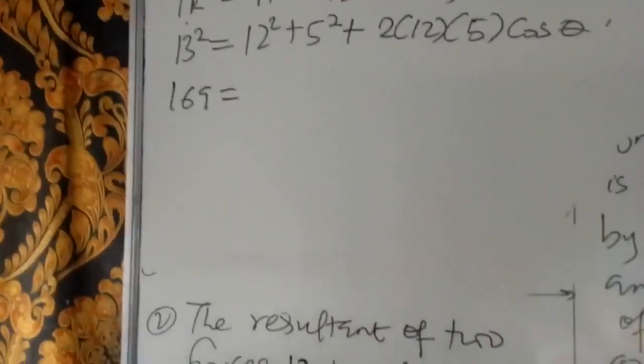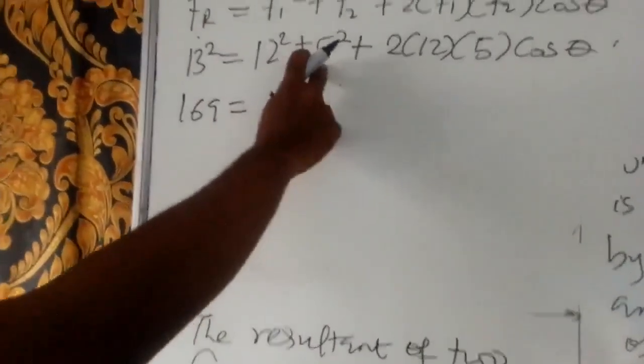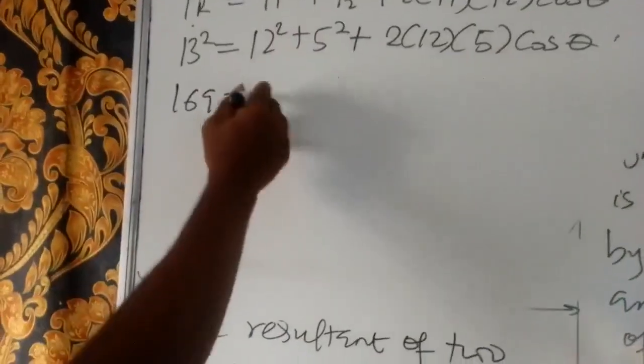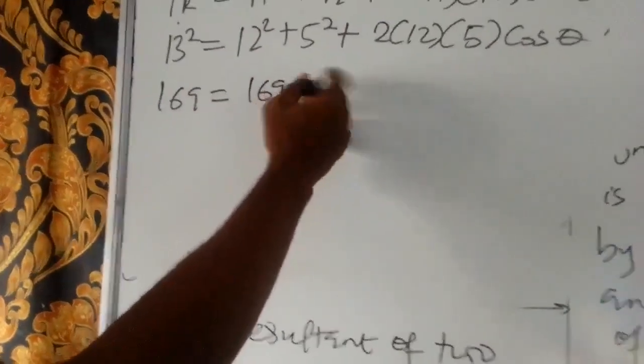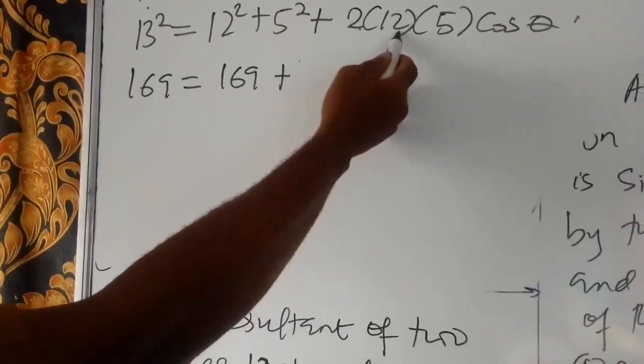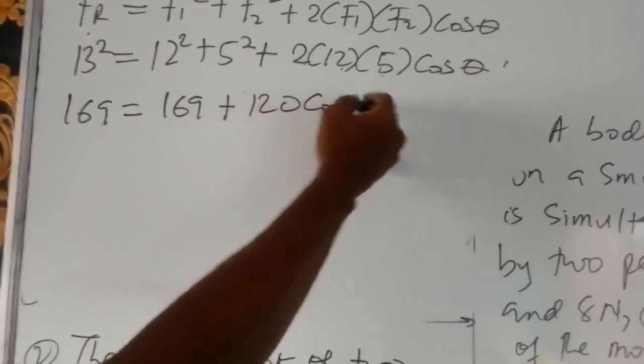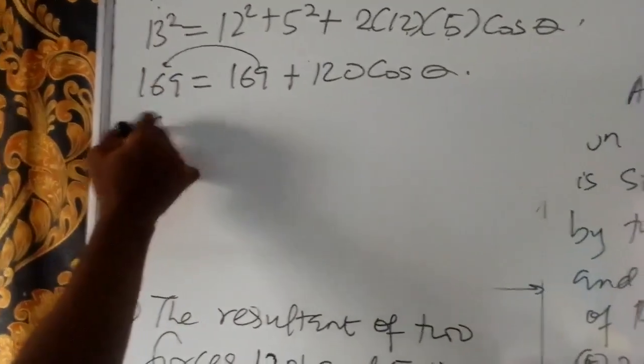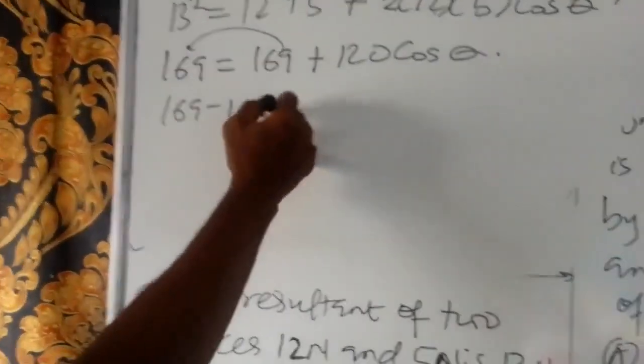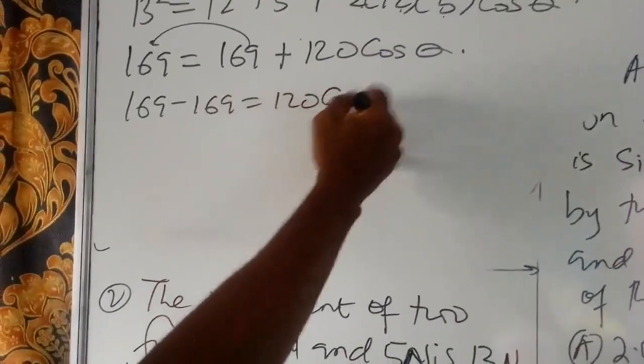So 13 squared gives us 169. 12 squared is 144. 5 squared is 25. 144 plus 25 gives us the same 169, plus 2 times 12, which is 24. 24 times 5 is 120 cos theta. We now take like terms, crossing over: 169 minus 169 equals 120 cos theta.